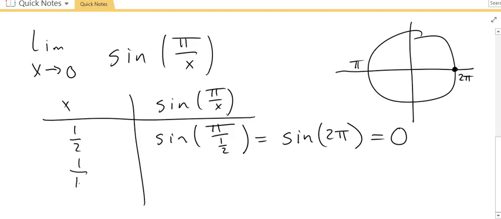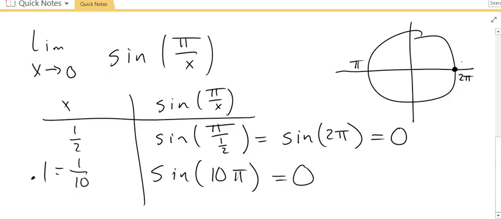And if we went to 1/10, 0.1, we would get sine of 10 pi. And again, this equals 0, the same sort of thing as going around the unit circle 5 complete times and then asking what the y value is at that point. Well, we're still at that same point.